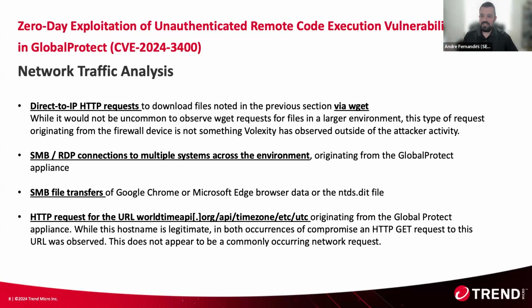Or even this last call here, which was a common behavior found in most of the situations where they really compromised customers or companies. Connections to roadtimeapi.org. This is a known website, not a malicious website, but this looked like a way to make sure they had connectivity to the internet and were still able to manage and control the device.